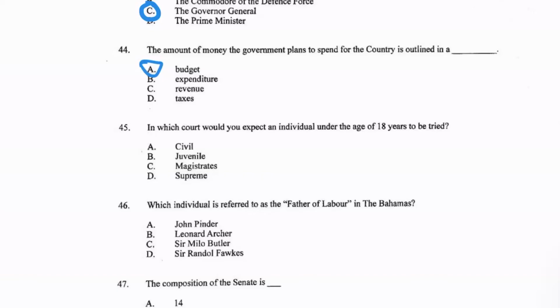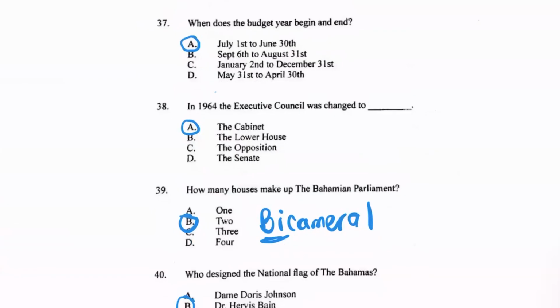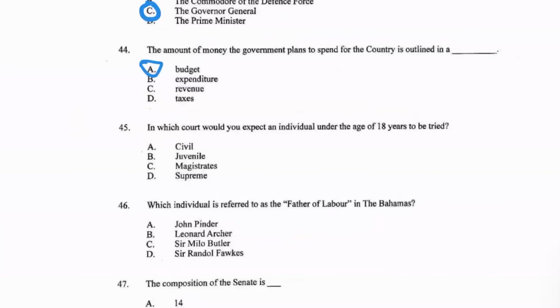And in question 37, it talks about when the budget year begins. So there's a little bit of repetition here, not really in the actual question, but in terms of giving us the answer. So the budget year, like I said before, is managing the funds for the country.